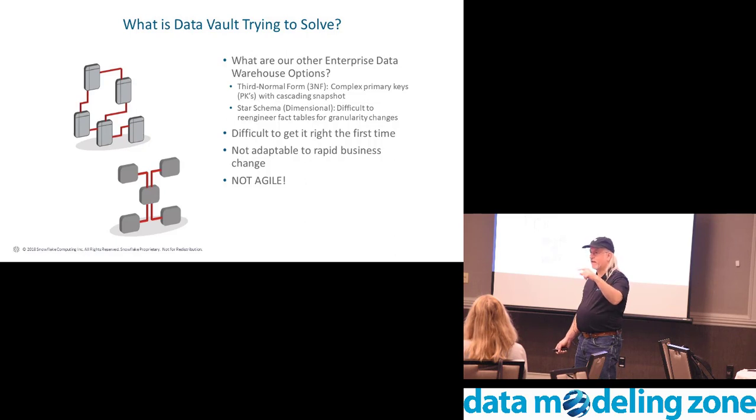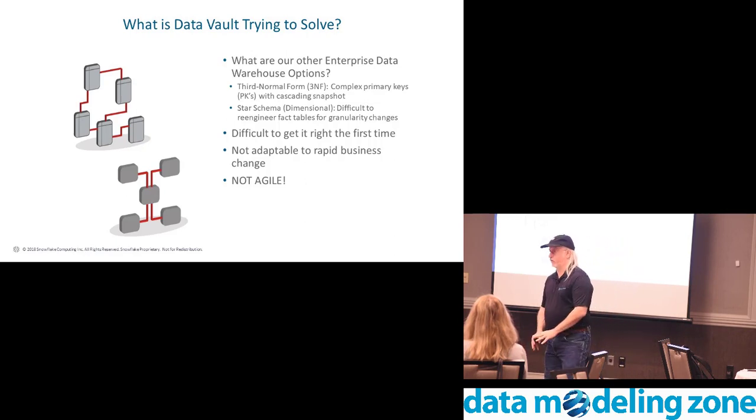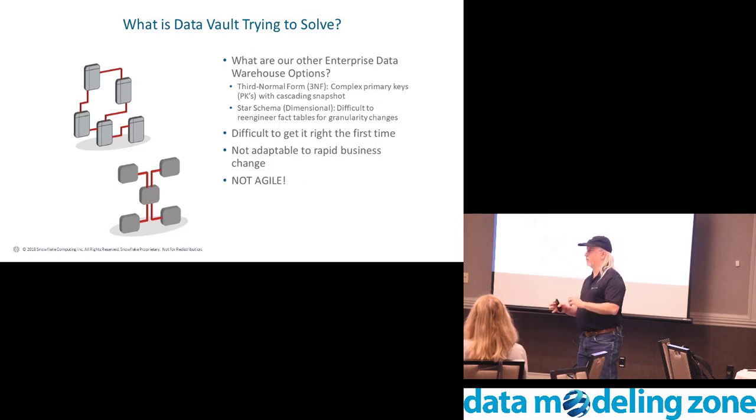And the child, though, may have its own snapshot date because the child record may change at a different rate than the master record. And so however far down you go, we'll just go with this traditional, you're using surrogate keys everywhere, right? Nobody's using business keys. They're using natural keys.